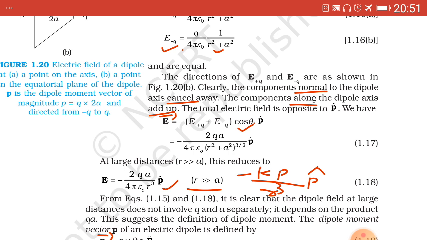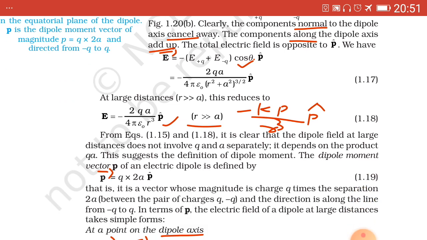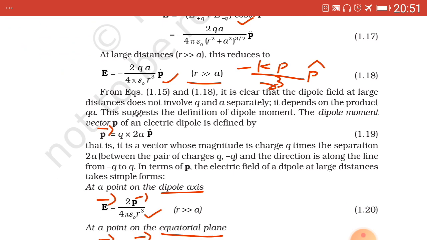Now special case where r greater than a, that is at very large distances, vector E equal to minus 2qa upon 4 pi epsilon 0 r cube into P hat. So that is the final answer, equation number 1.18.